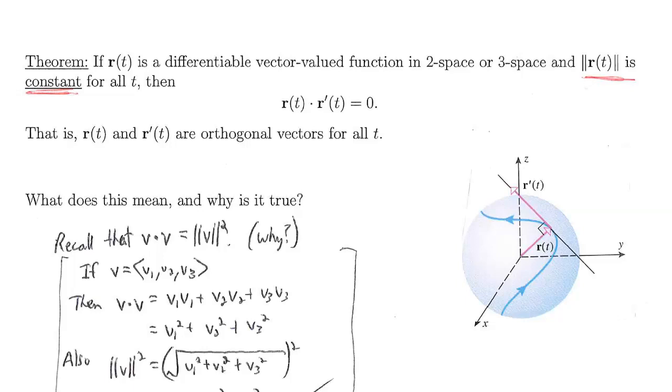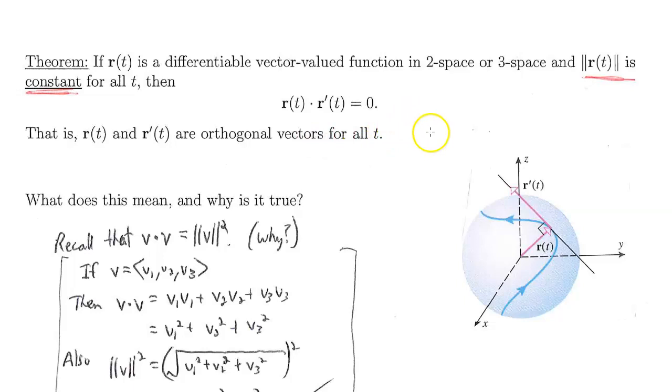This theorem says that if r of t is a differentiable vector-valued function, so differentiable just means each of the component functions are differentiable, in 2 space or 3 space, and if the norm of r of t, the modulus or magnitude, is constant for all t, then r of t and r prime of t are going to be orthogonal. Okay, r of t dot r prime of t is 0, so they're orthogonal vectors for all values of t.